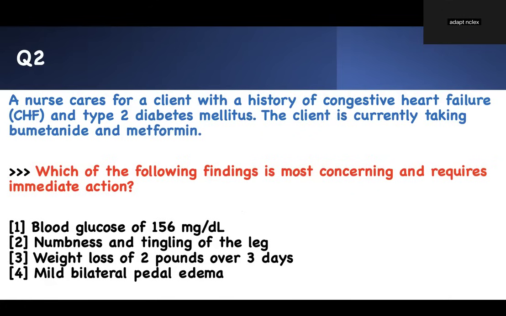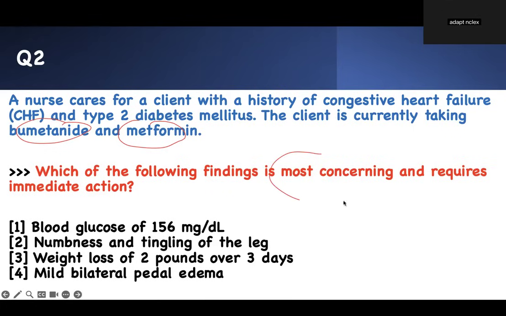That means bad things. Therefore, underline most concerning. A nurse cares for a client with a history of CHF and diabetes. The client is currently taking bumetanide and metformin. Those are my buzzwords. Underline them.